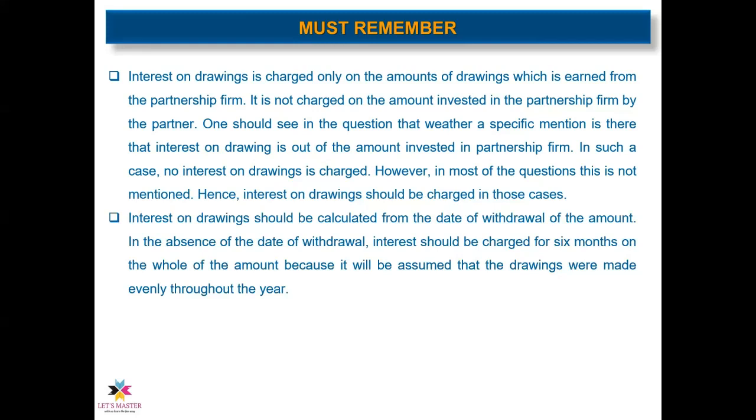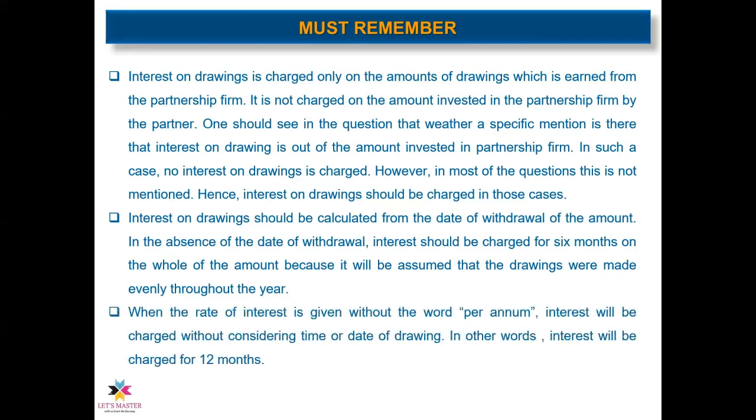So if the question mentions that the partner has withdrawn 20,000 during the year, and there is no mention of the date on which that 20,000 was withdrawn, then we will charge interest on that 20,000 for 6 months, considering that the amount was withdrawn by the partner in equal installments throughout the year. And 6 months is the average that we take into consideration.